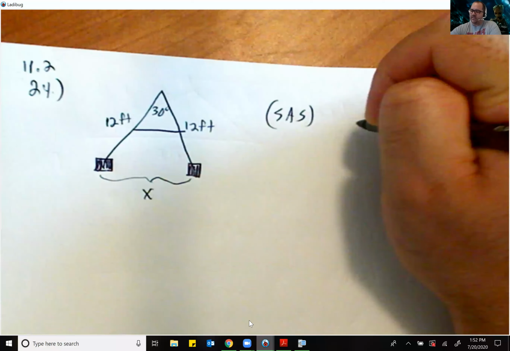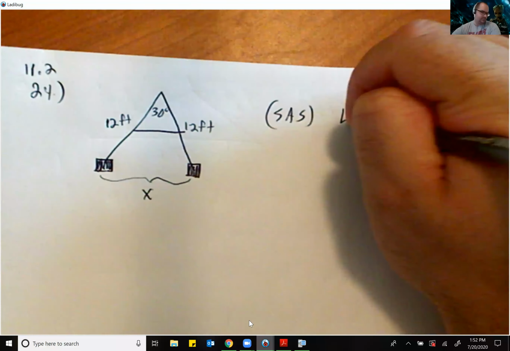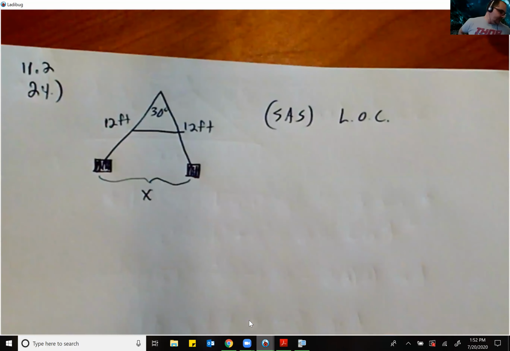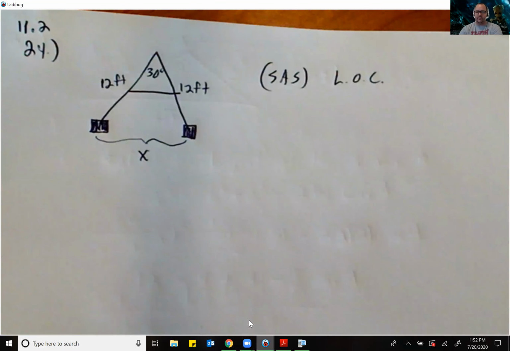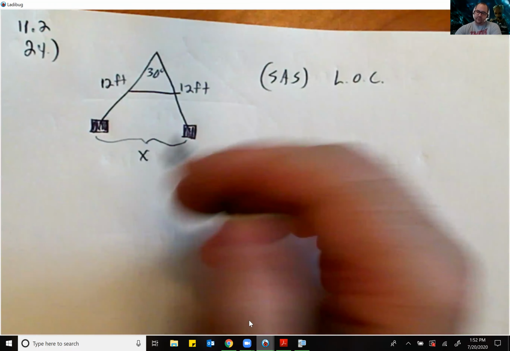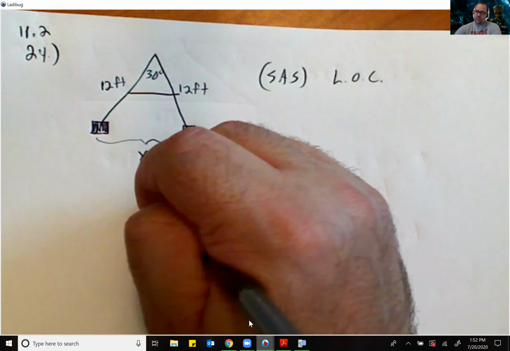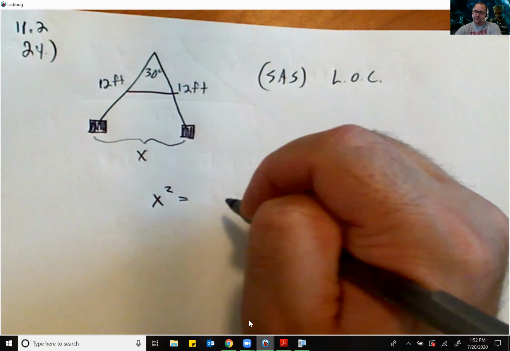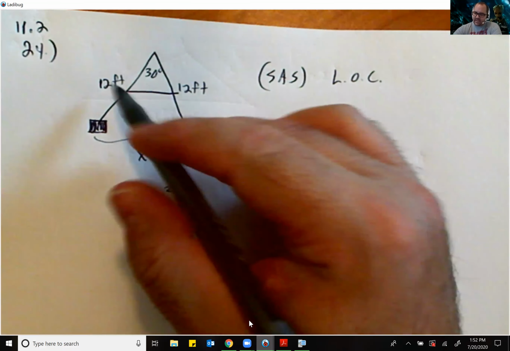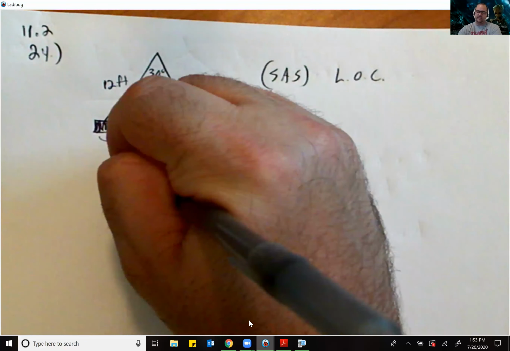Again, this is law of cosines. So the first thing we need to do is find the third side. Well, that's easy. We just use law of cosines. You don't have to do anything crazy because we don't need to know what the other angles are. So law of cosines: let's think of x as little c.